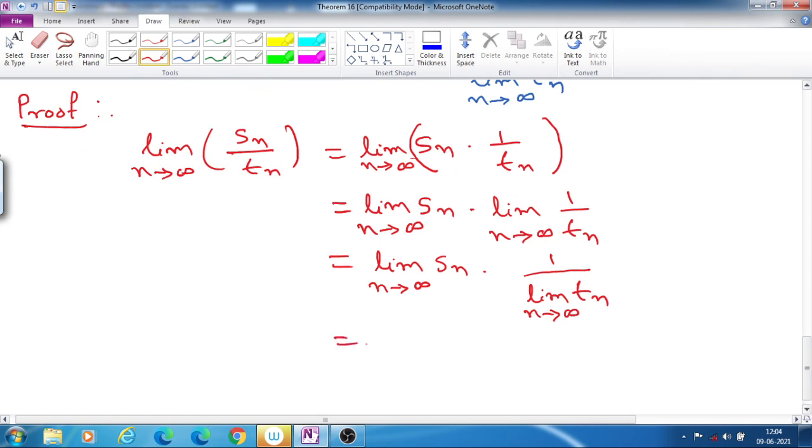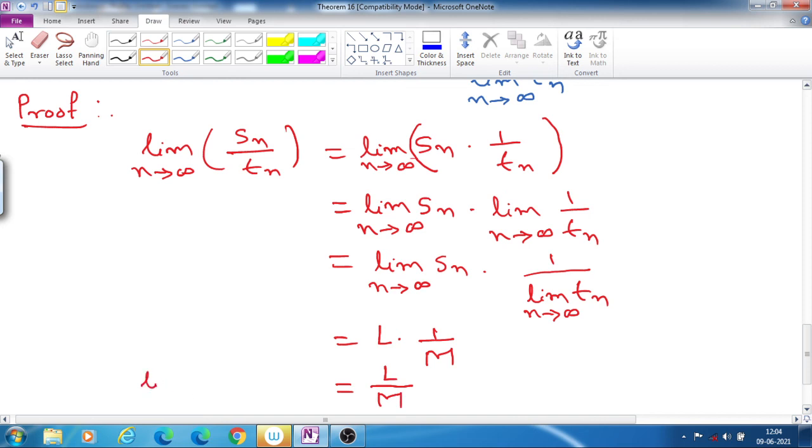So now limit of Sn is L and limit of Tn is M. Therefore this is equal to L upon M.